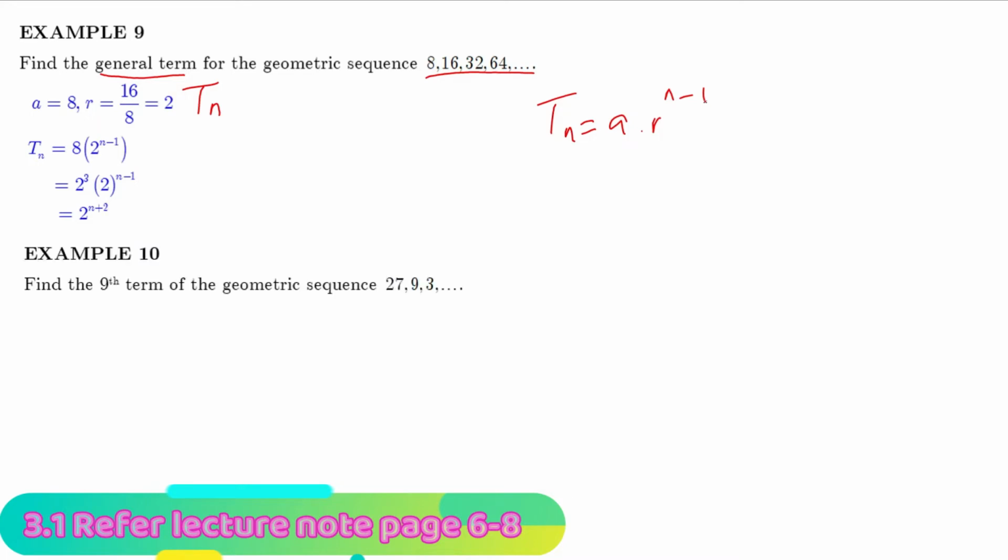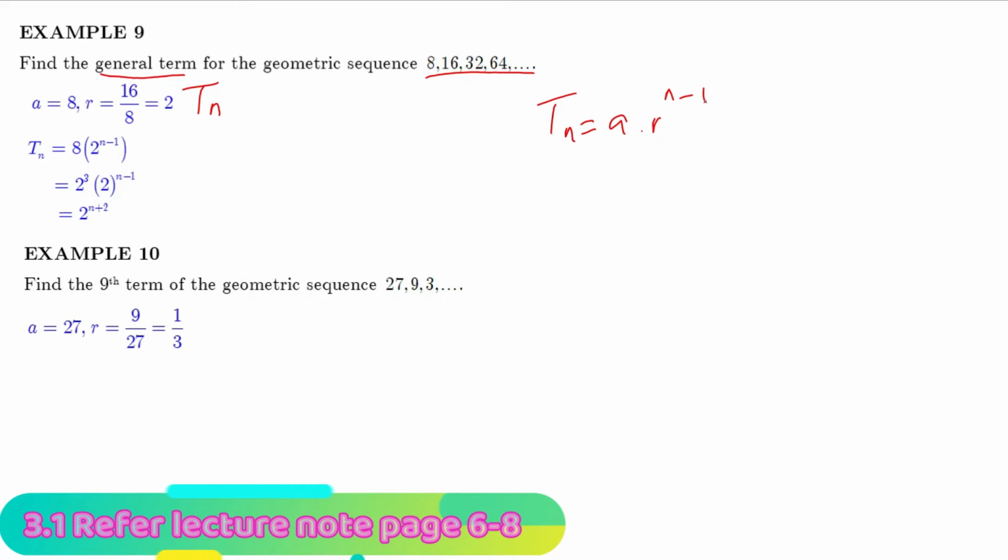For example 10, we have to find the ninth term of the GS for 27, 9, 3, and so on. So this is definitely a descending order. So we have here A is 27 and R is 1 over 3.